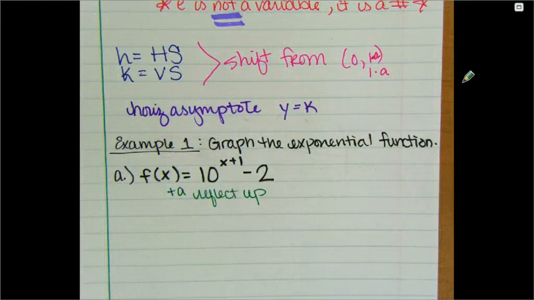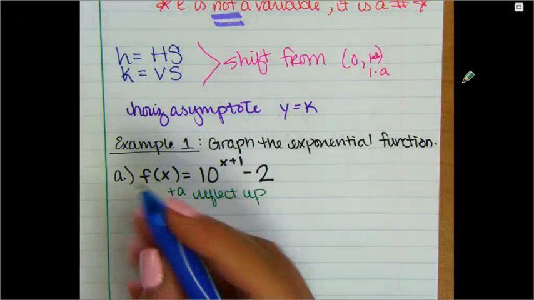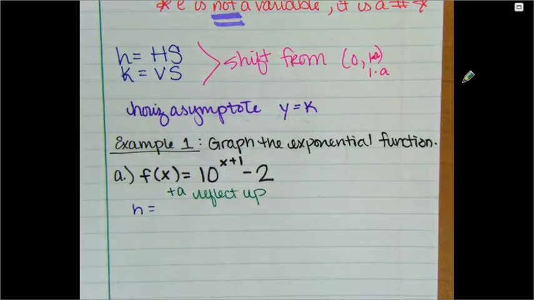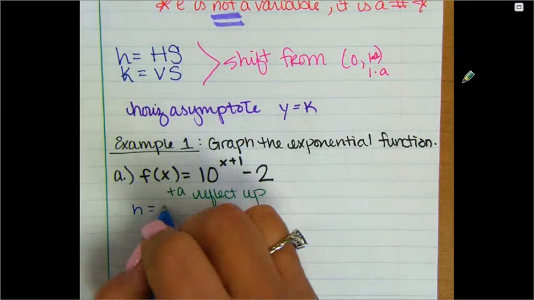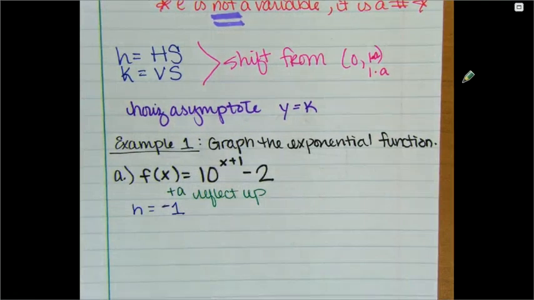All right, let's see what else do we need. How are we going to graph it? What do you need to graph? Do you need H? What is your H? Negative 1. H is always opposite, so negative 1. Is that left, right, up, or down? Left.